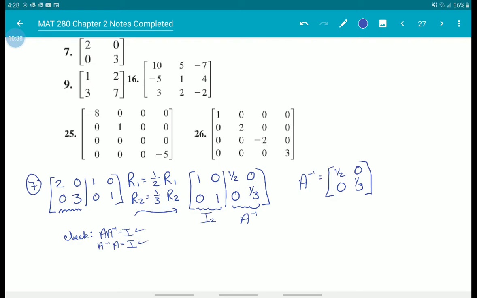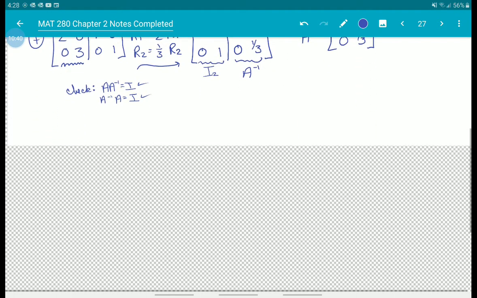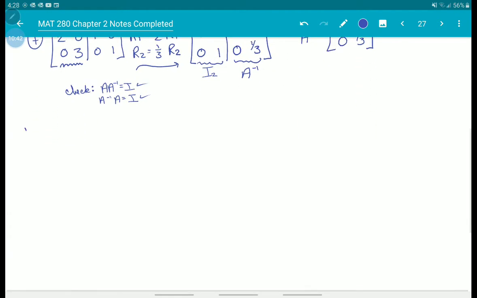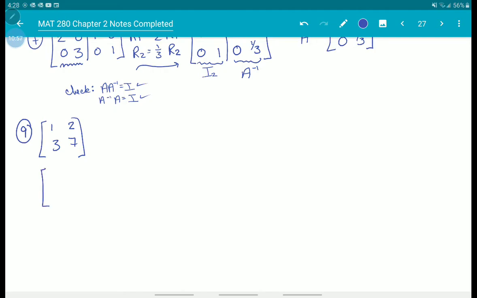So let's do another one. Let's look at number 9. Number 9, we're looking at 1, 2, 3, 7. We want to find the inverse. So we're going to pair this with the identity. And now we're going to do row reductions.